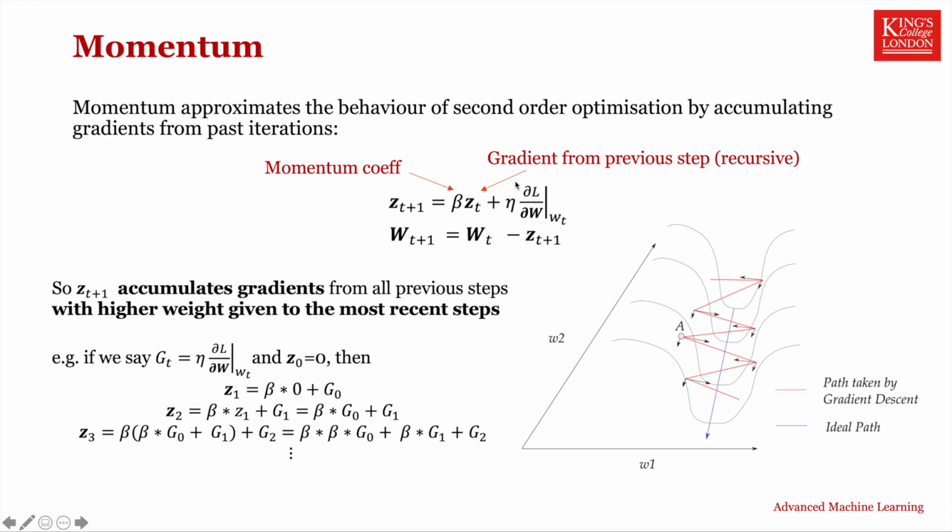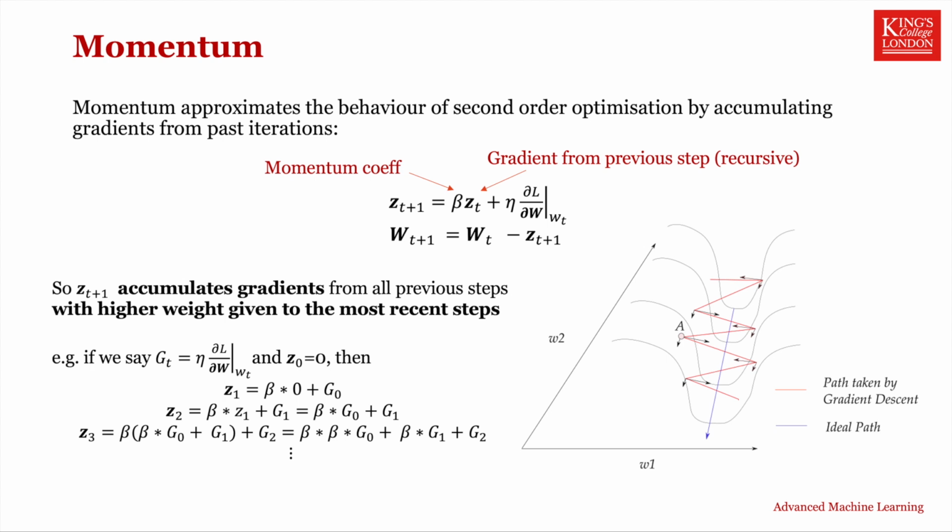This operation is recursive, so the update will be accumulating gradients from all previous steps, with higher weight given to the most recent ones. This is otherwise known as taking an exponential moving average.